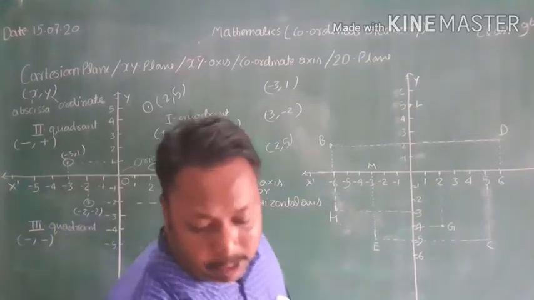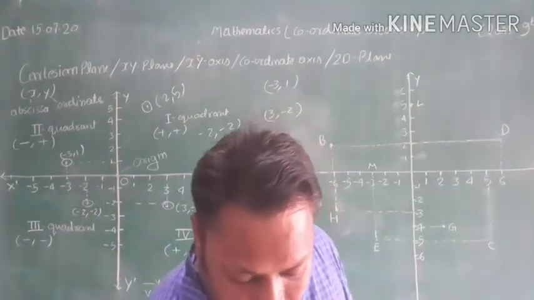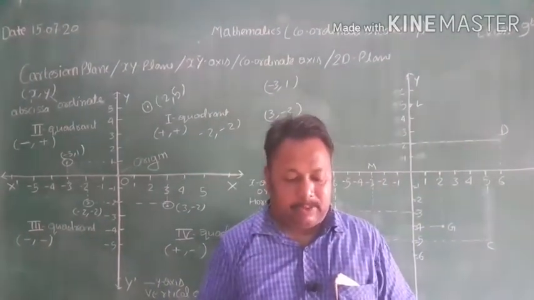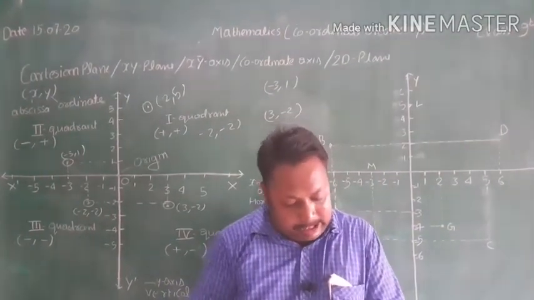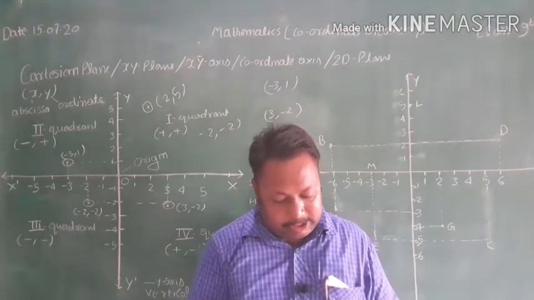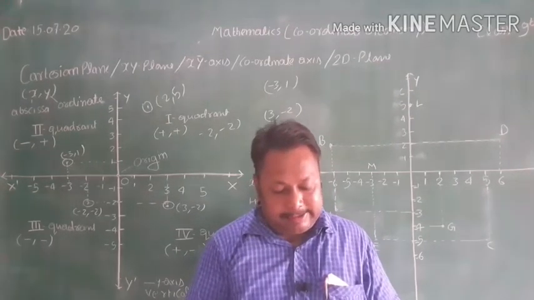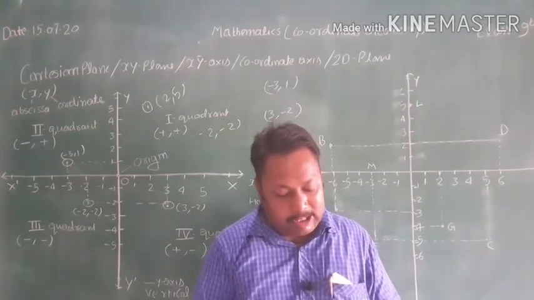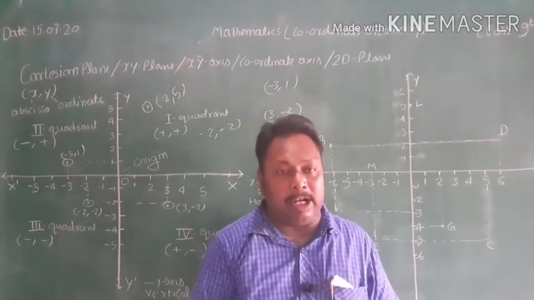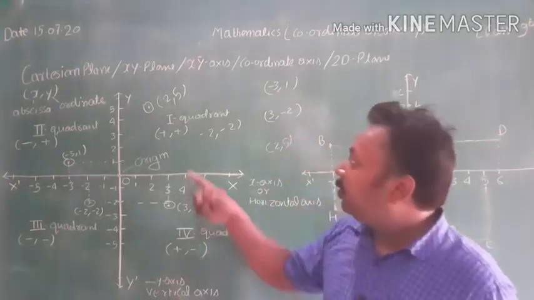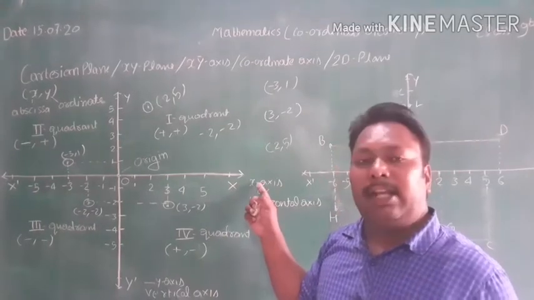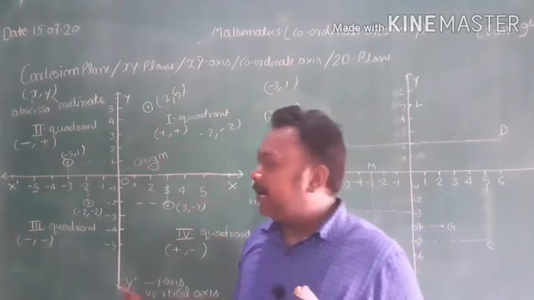So we start from exercise 3.2. First question: write the answer of each of the following questions. What is the name of the horizontal and vertical lines drawn to determine the position of any point in a Cartesian plane? Horizontal line is known as x-axis and vertical line is known as y-axis.